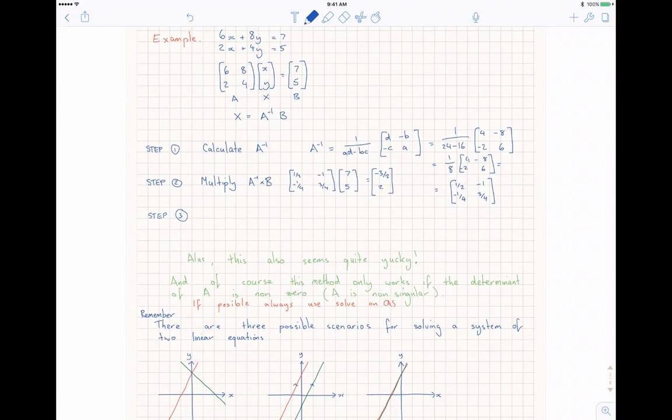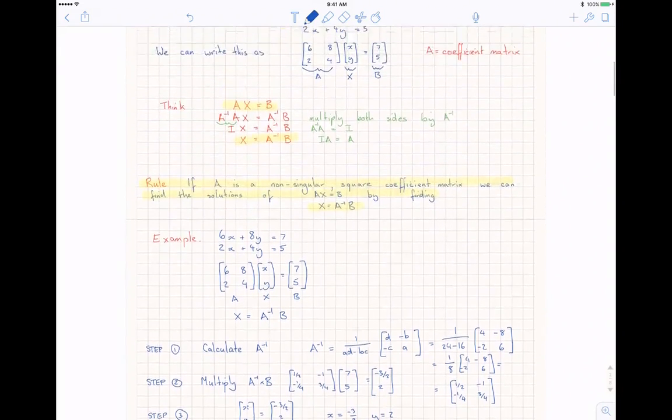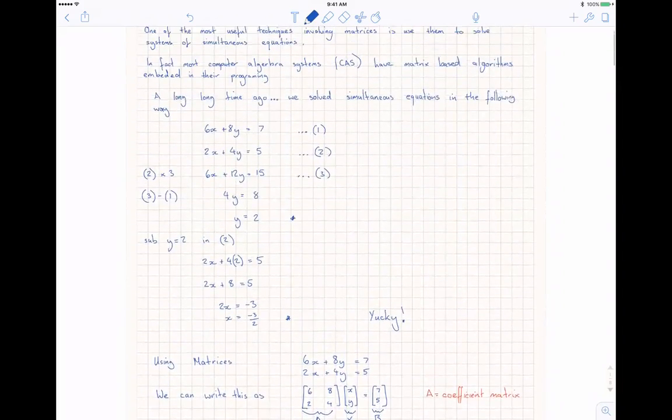So running out our solution, we found that x, y is equal to A inverse times B. And from that we can see that x is equal to minus 3 on 2 and y is equal to 2. So we have an intersection at the point minus 3 on 2, 2, which is the same solution that we found earlier by doing it by the old method.